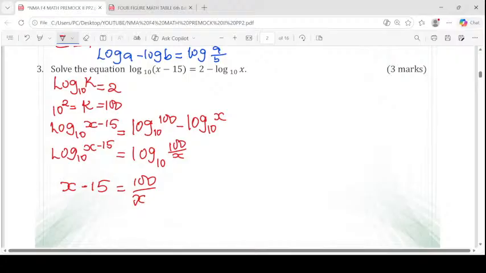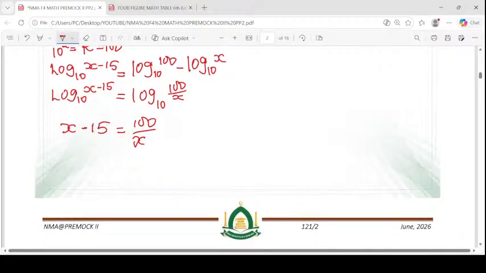Here you can multiply each term by x, the whole of this by x.